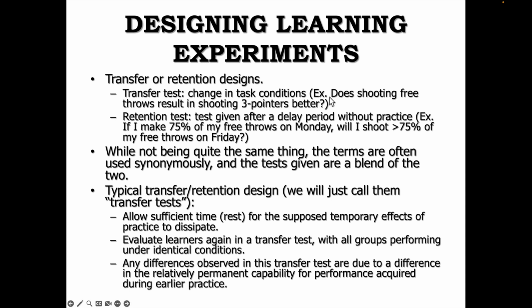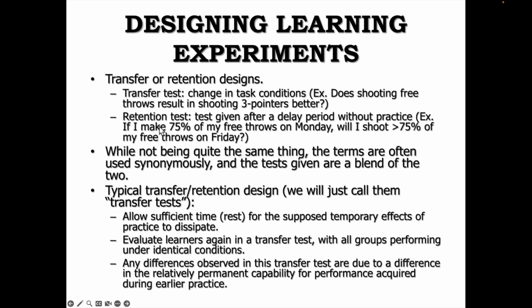For example, does shooting free throws result in shooting three-pointers better? Maybe I test my free throw shooting skills, and I practice shooting free throws. Does that lead to me performing better in shooting three-pointers? That's a transfer test. Does practice in one skill lead to better performance in another skill where the conditions are changed?